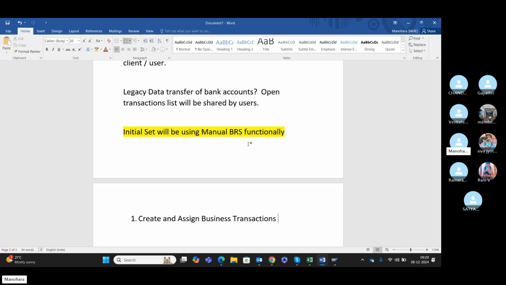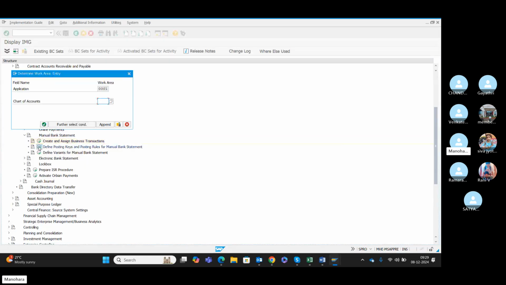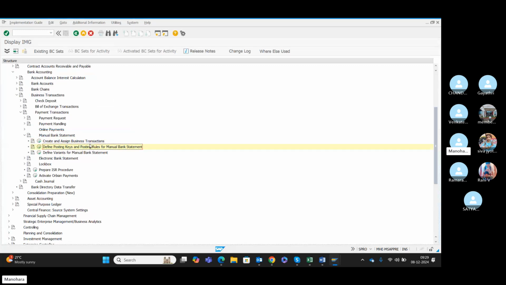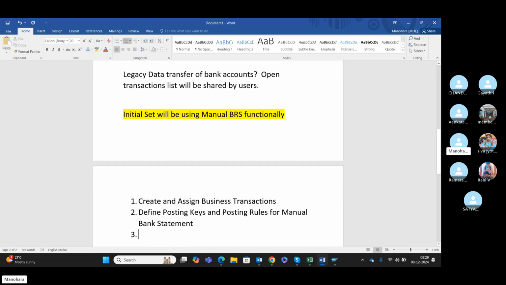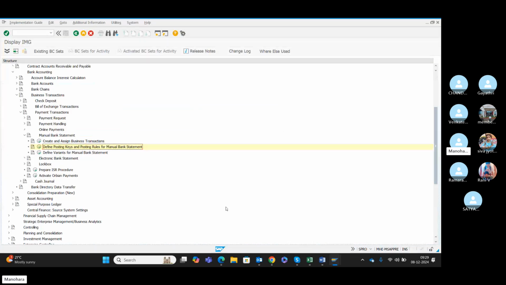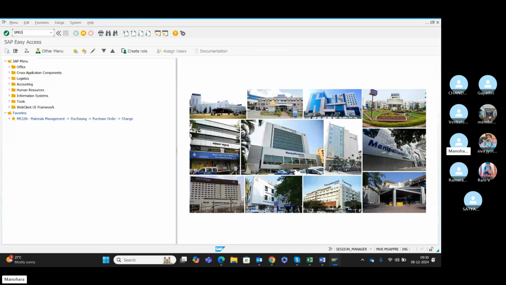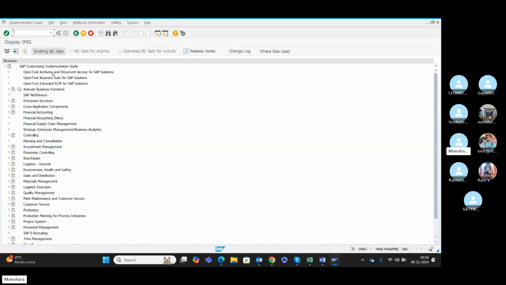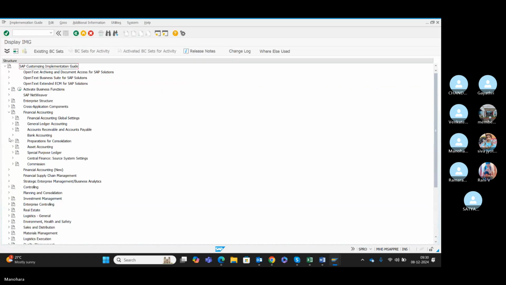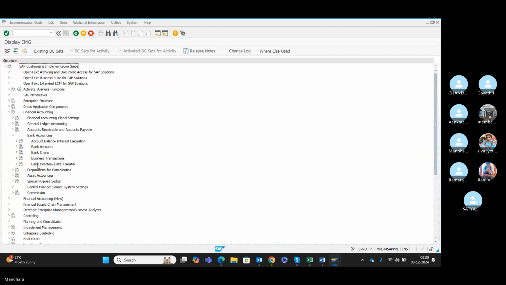And the second step. Third step. It's existing under financial accounting and banking, bank transaction, business transaction, bank accounts.